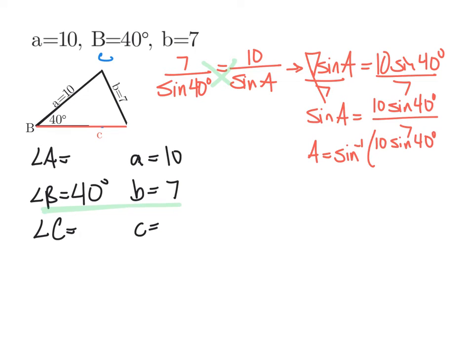Now, you can take this in pieces using the feature on your calculator that just takes the last answer and do 10 times the sine of 40 degrees, enter, divided by 7, enter, and then do inverse sine of that answer. And if you calculate it all correctly, you should get that angle A is 66.674 degrees.